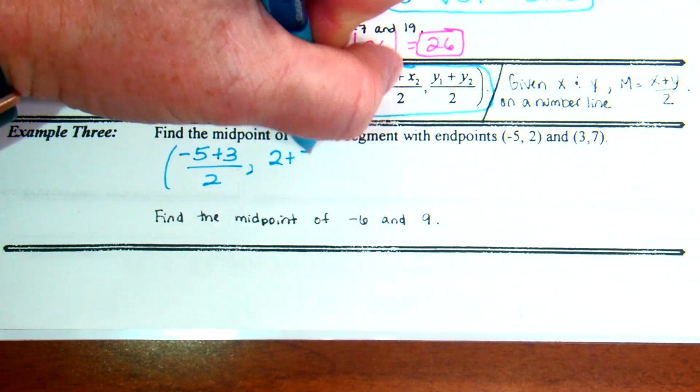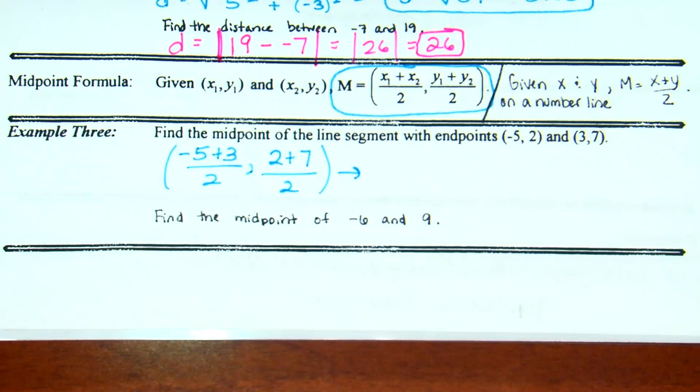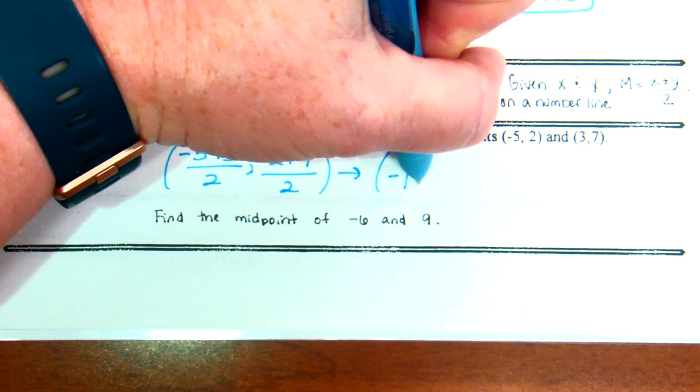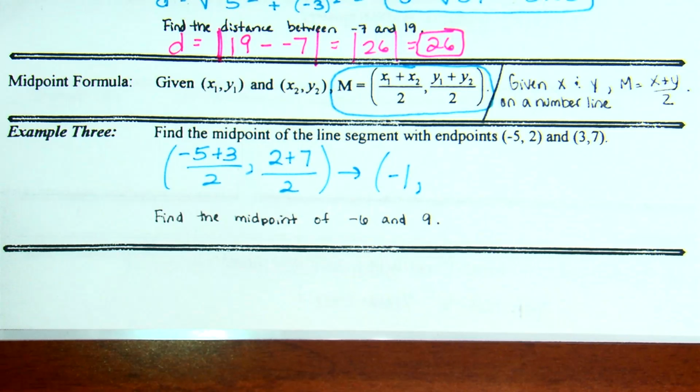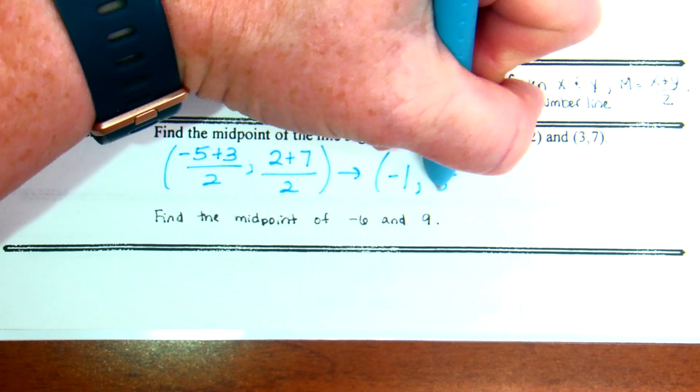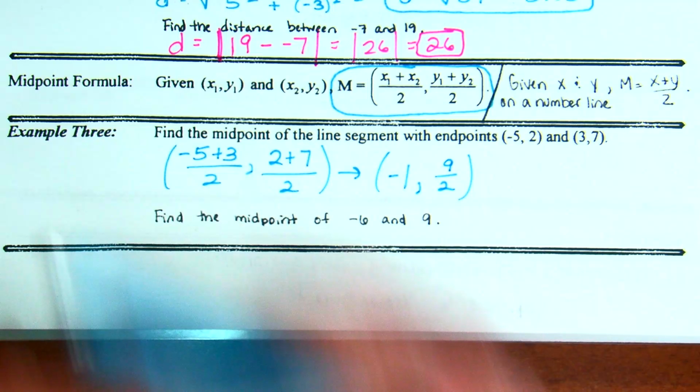So negative 5 plus 3 is negative 2. Negative 2 divided by 2 is going to make it negative 1. 2 plus 7 is 9. 9 divided by 2, 9 halves.